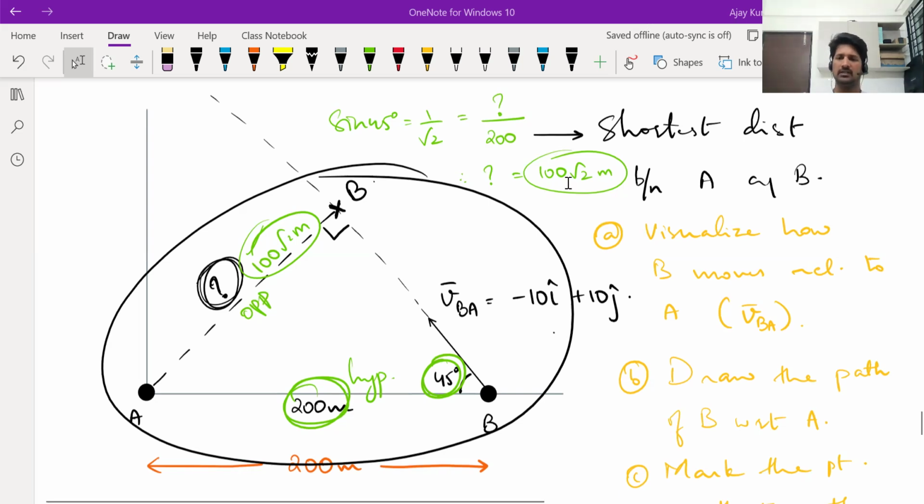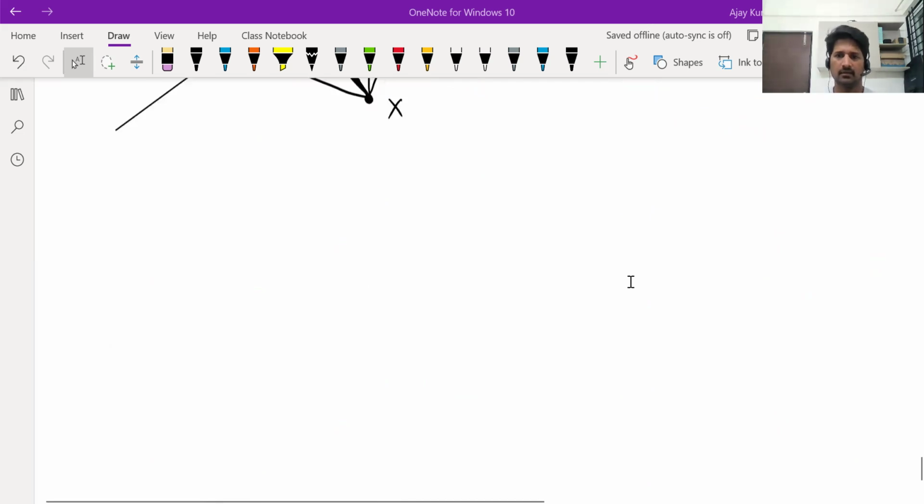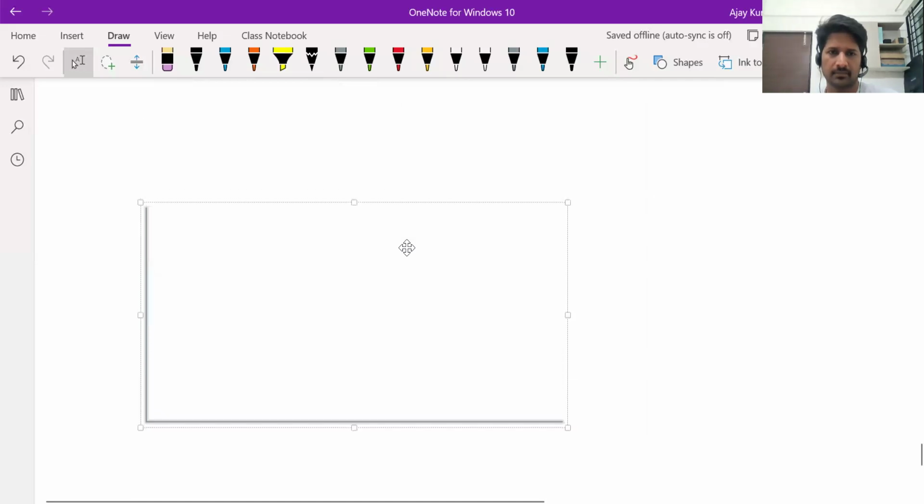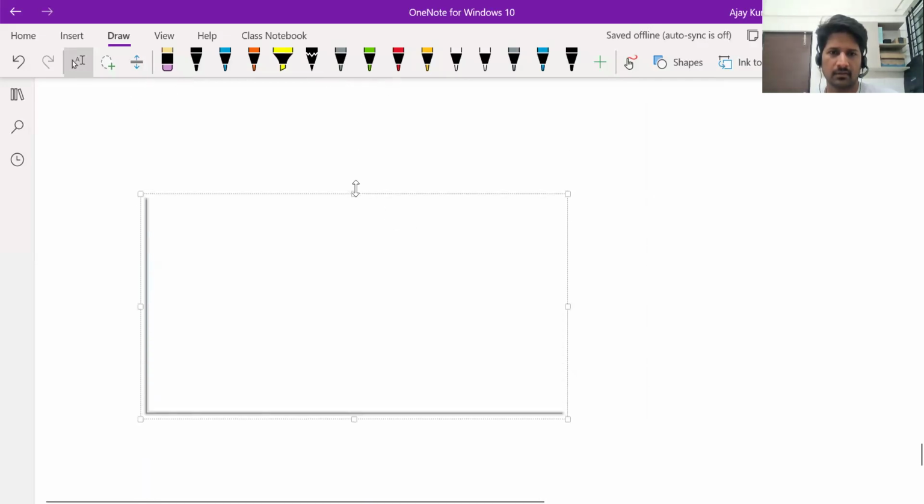Okay, let us do this in another case. Similar situation, but I'll change the values this time. I don't even have to show the y-axis.